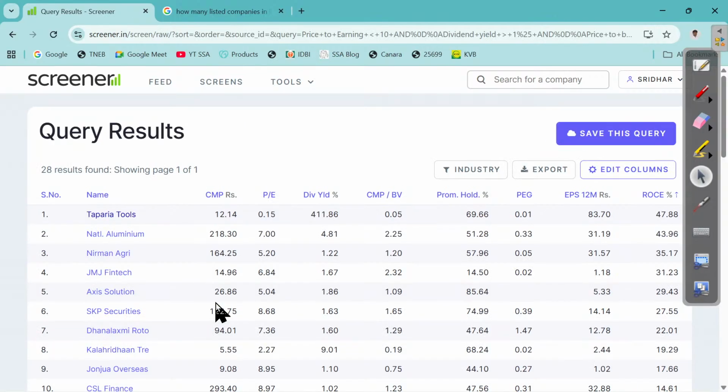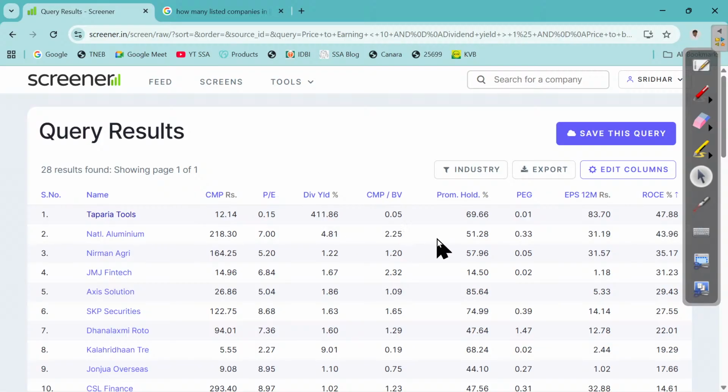Run this query. You got all the companies as per our search. Right. So National Aluminium, P/E ratio 7, dividend yield is 4.81. We have given dividend yield should be more than 1% or 2%, something. Okay, we got this. And the price to book value should be less than 4.